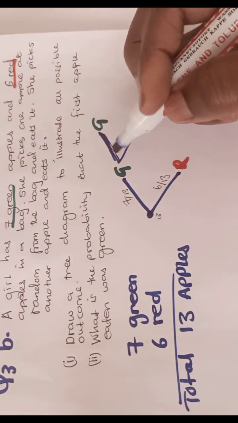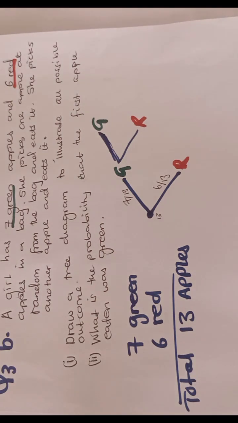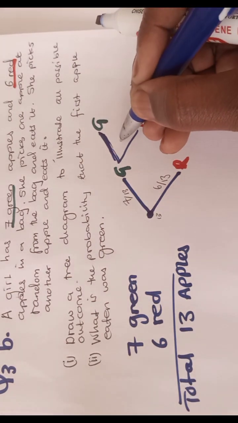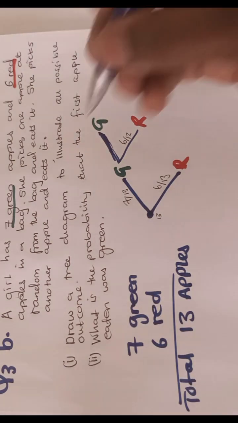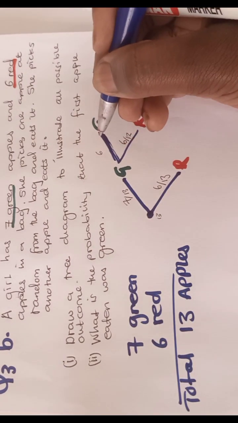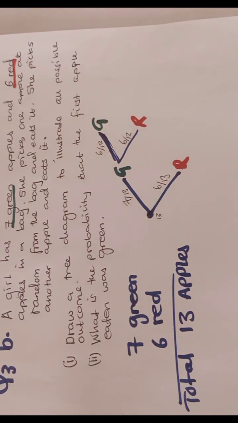If she picked green in the first one, meaning the red is unchanged, isn't it? Okay, meaning you have 6 over the 12 that are in the bag, and then 7 has reduced by 1 to make 6 over 12.